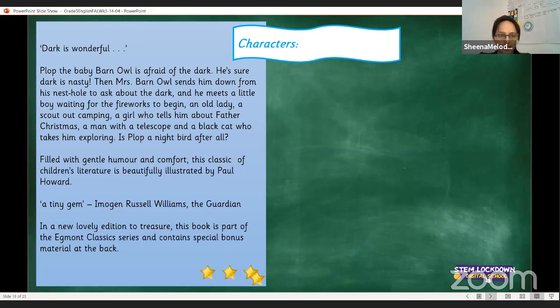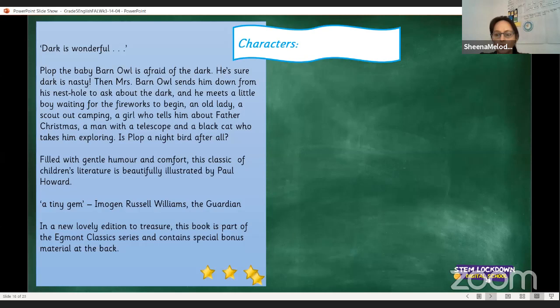Mrs. Barn Owl, well done. Who can see the other characters? There's Plop and Mrs. Barn Owl. Who else? A girl. Good. A girl who tells him about Father Christmas. A black cat. Well done. Father. Old lady. Scout. Very good. Well done.